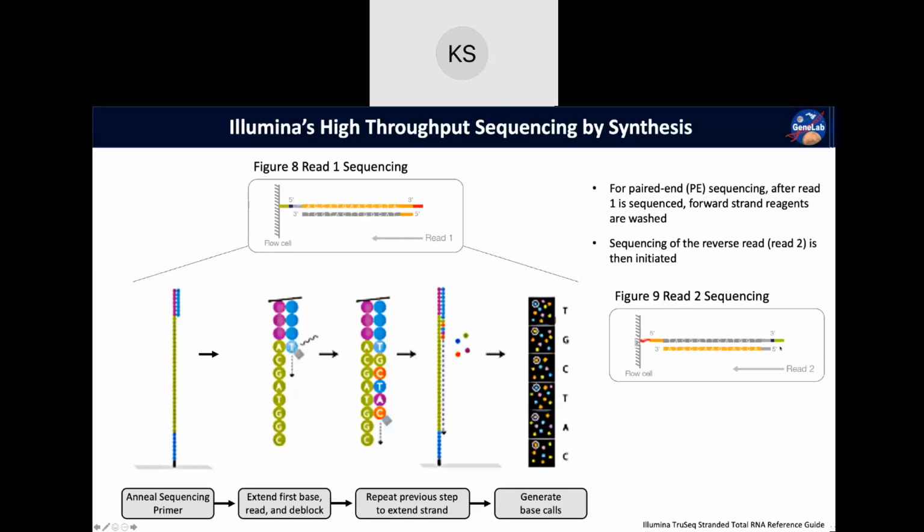And then once read 2, the number of cycles that you have for the length, is completed, those reagents are washed away, and you do your sequencing of your I5 index if you have an I5 index, which I know it's not shown here, but we do.